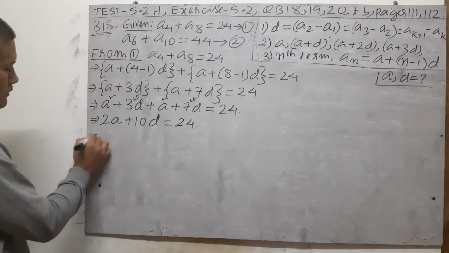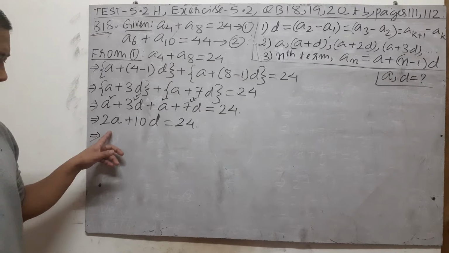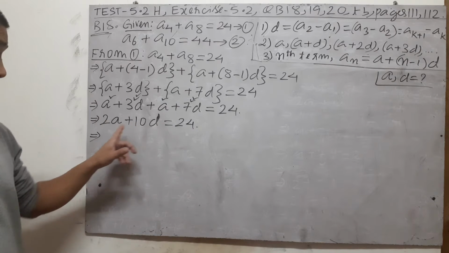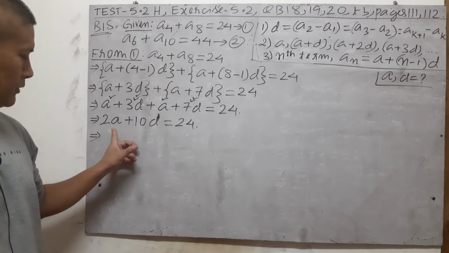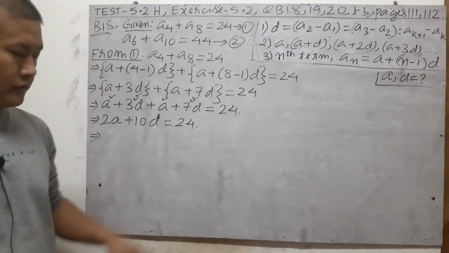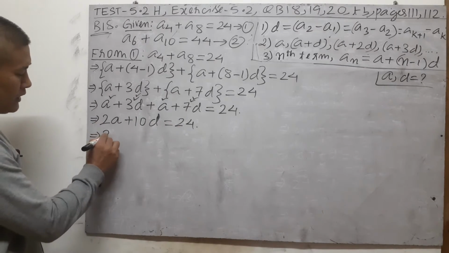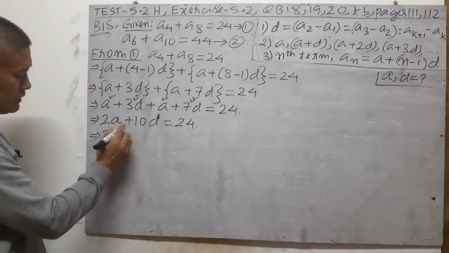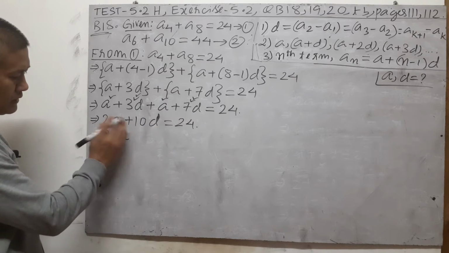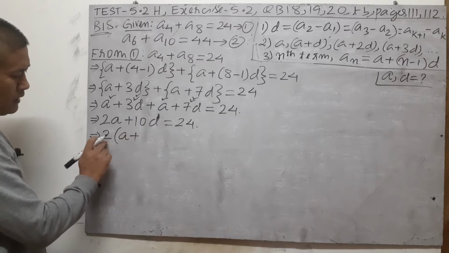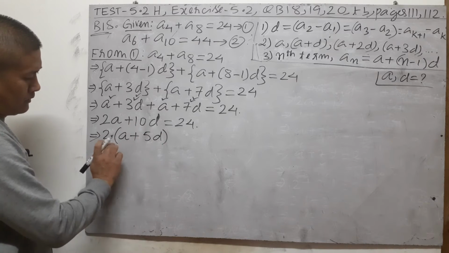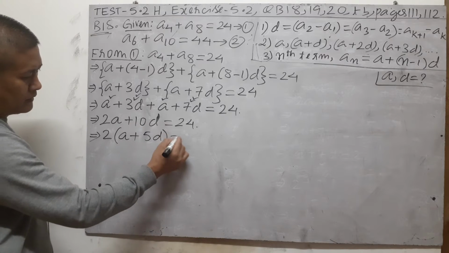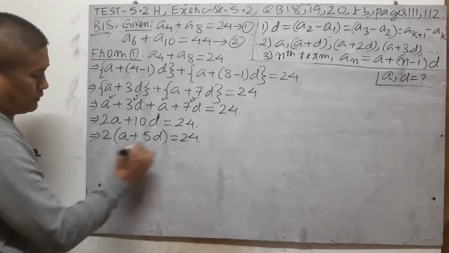It's equal to 24. Now we see that we can make this equation simpler because there is a common factor in all these three terms here. 2 is going with all these three numbers, 2, 10 and 24. So let us remove the highest common factor on the left side of the equal sign, which is 2, and outside means A inside, plus 2 5s are 10, so 5D. 2 into 5D is 10D is equal to 24.